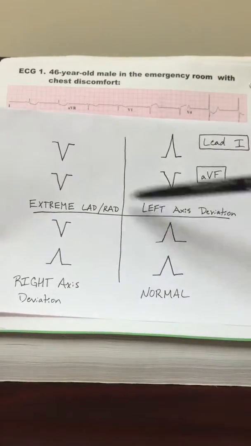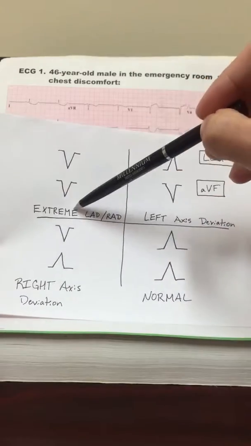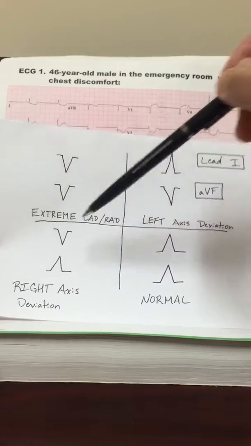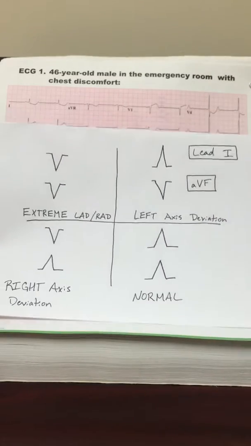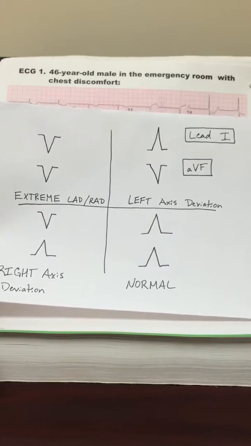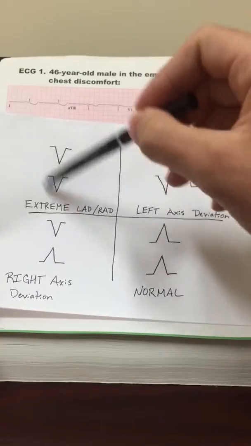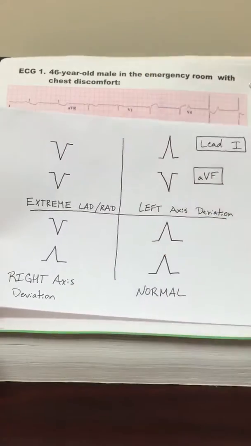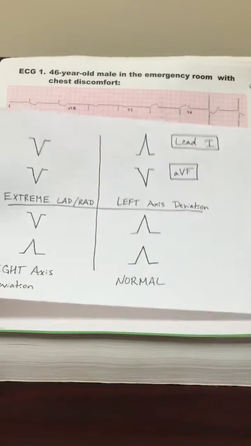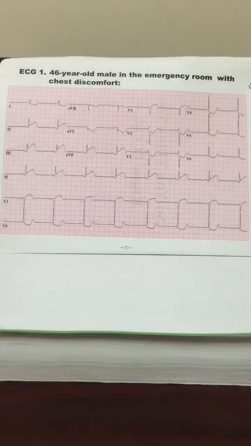Lastly, if they're both negative, so opposite of normal, that would be an extreme left or right deviation. To determine whether it's left or right is a little bit more complicated, and I will not get into that in this video, but you can look that up if you are ever approached with one of these cases of an extreme left or right. So that's how you'll determine the axis. And in this case, like I said, we have a normal axis.